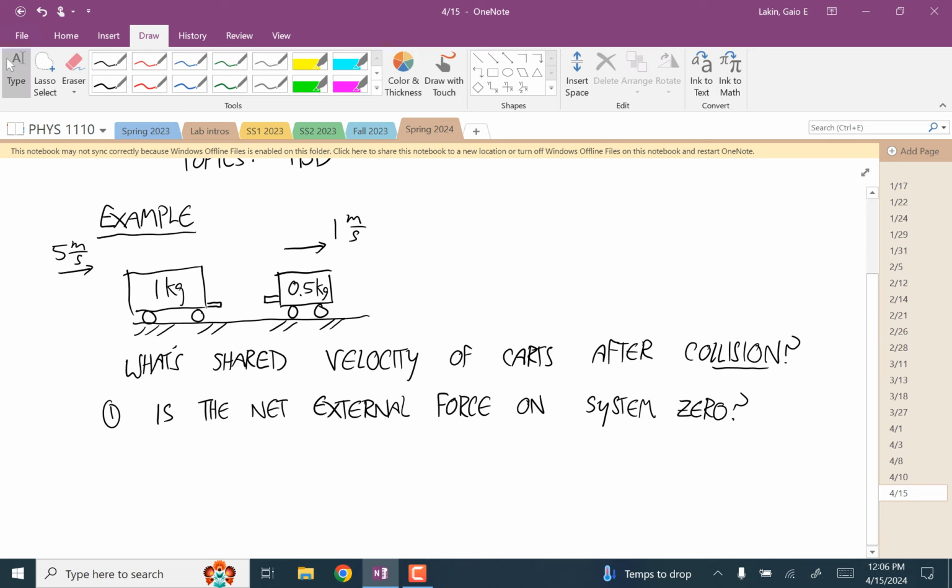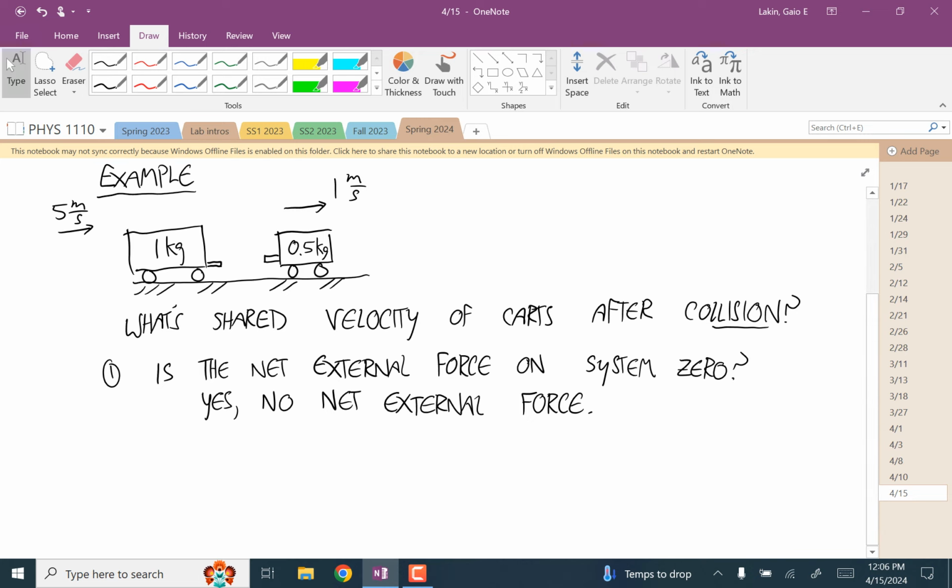Okay, so that is the way you want to think about whether there's a net force on these or not. So there's no net external force. Remember, we're not talking about the forces the two apply to each other. Those are not included in this. So that means we can use conservation of linear momentum.